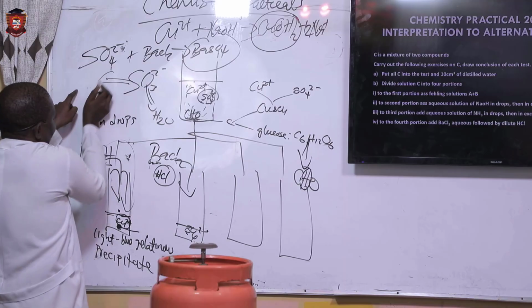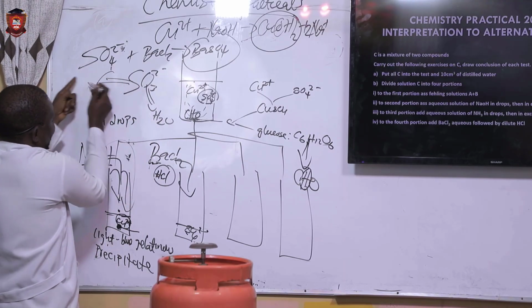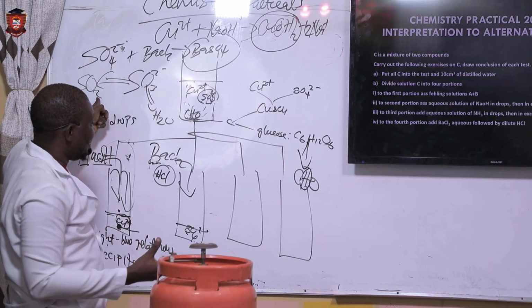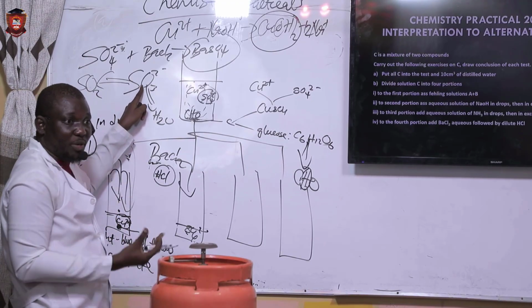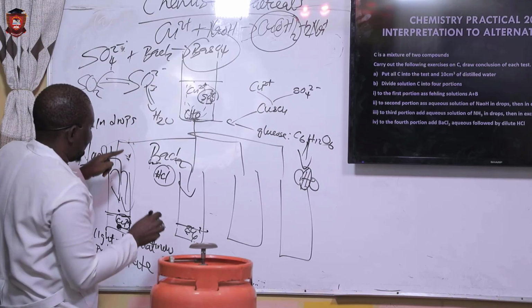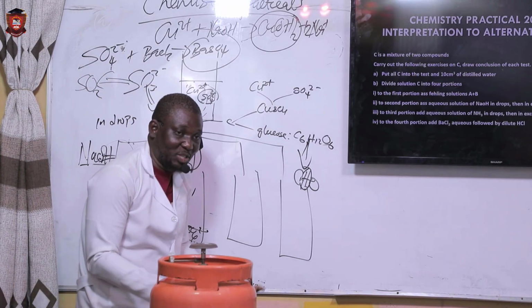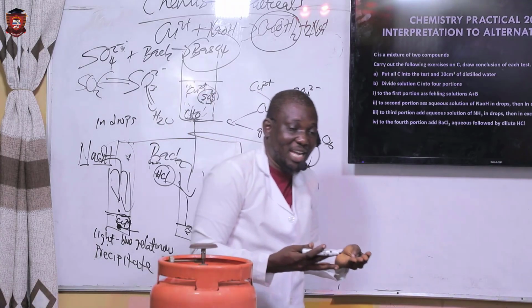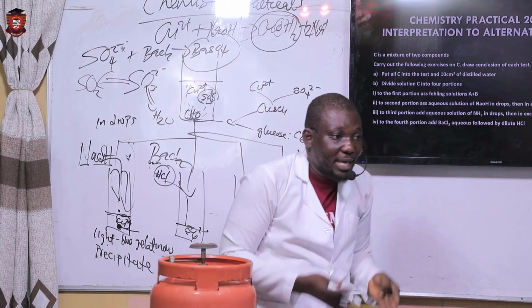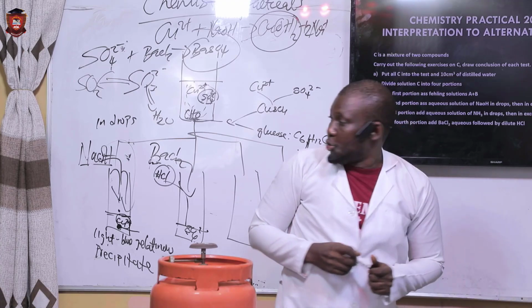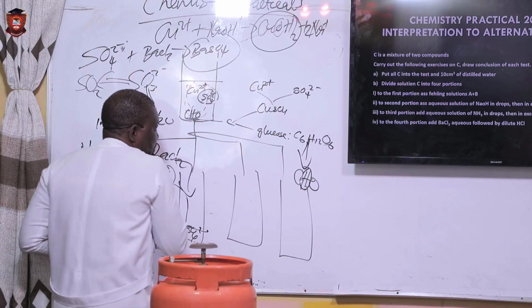And then since this H combines here, what happens is SO2. You start to see bubbles. And then the precipitate, if it's SO3, will dissolve. But if it is SO4, if you add HCl, the precipitate will persist. That is the only way to know that the ion there is SO4, not SO3. So you are going to require to add this, followed by this.